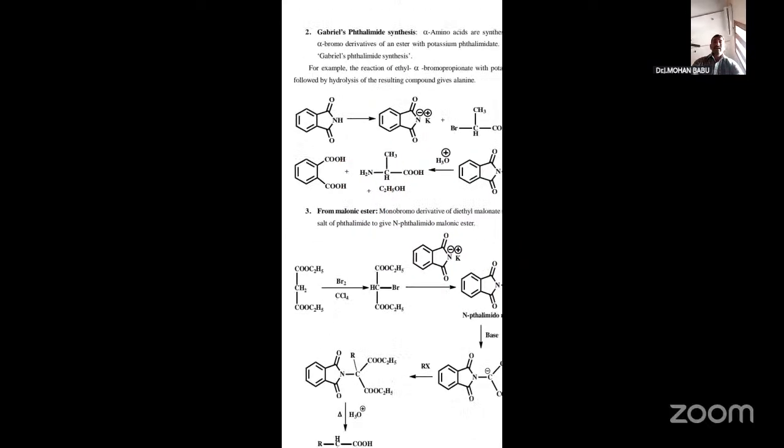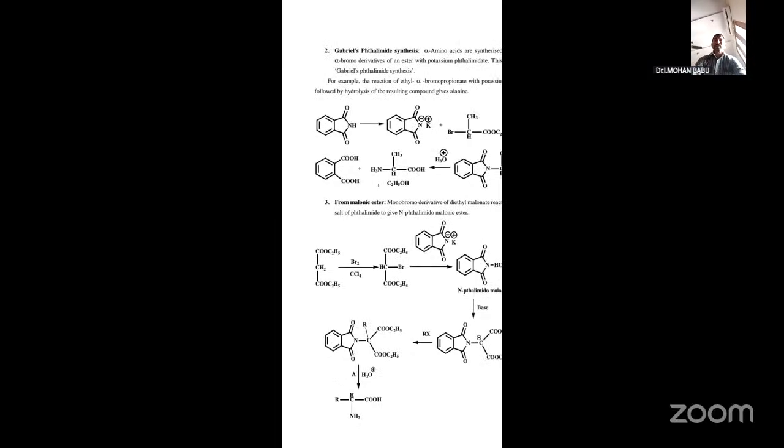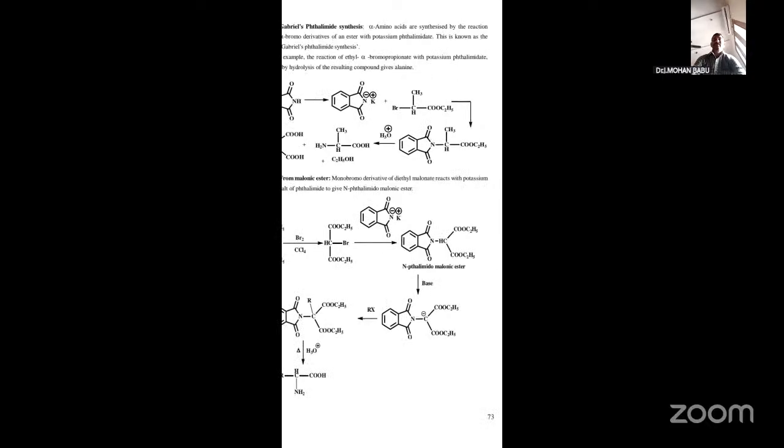The main product is the alpha amino acid, while phthalic acid and ethyl alcohol are obtained as byproducts in this reaction. You can take one more example by substituting the R group here, so we get a variety of compounds.